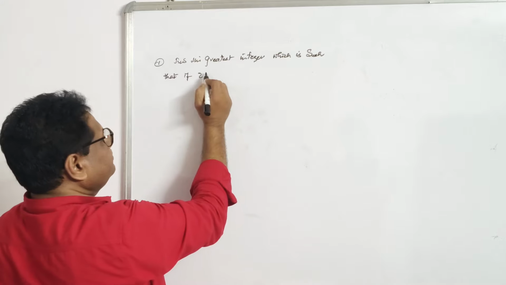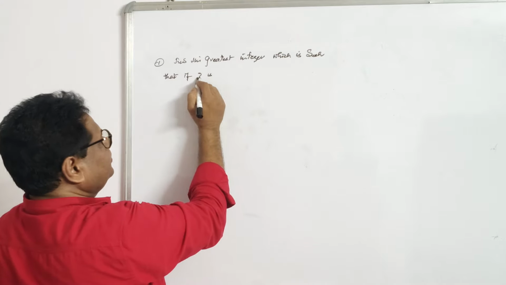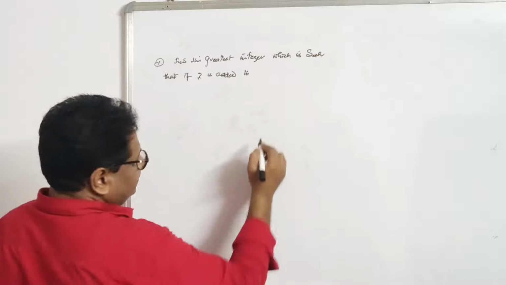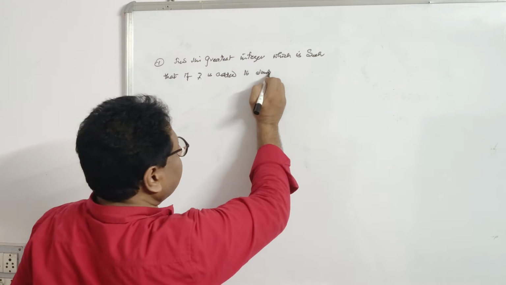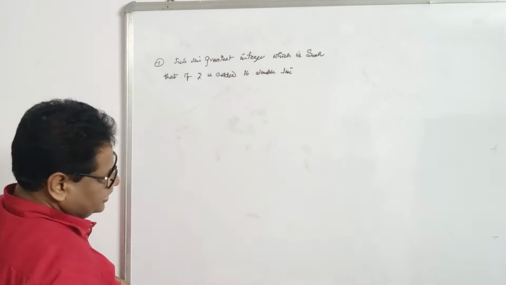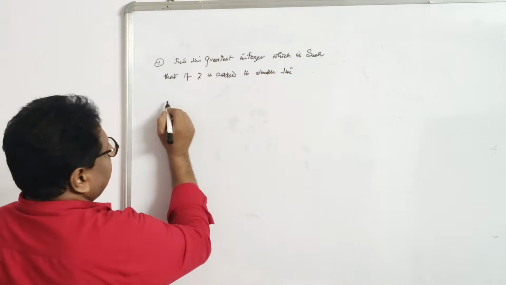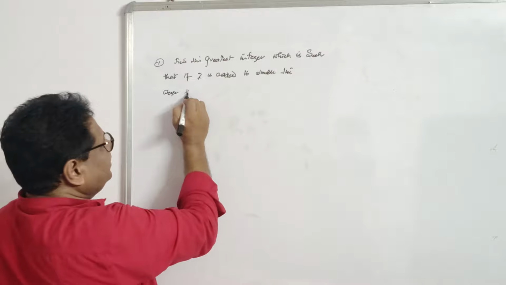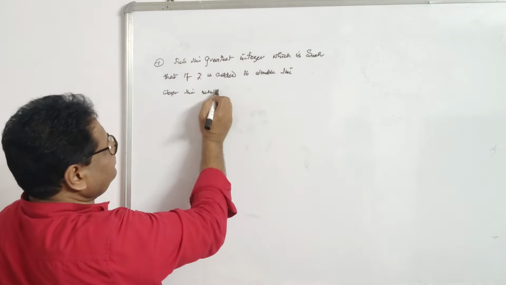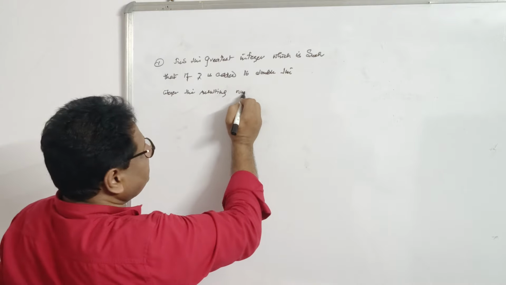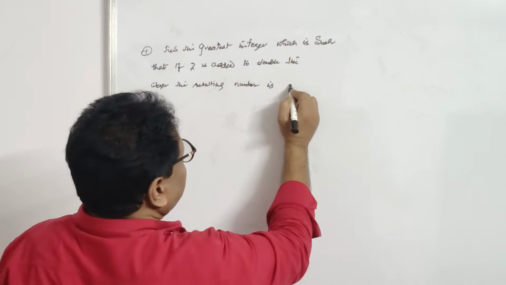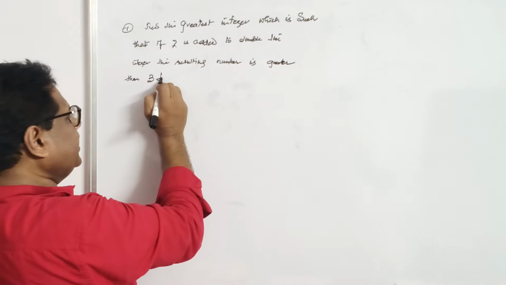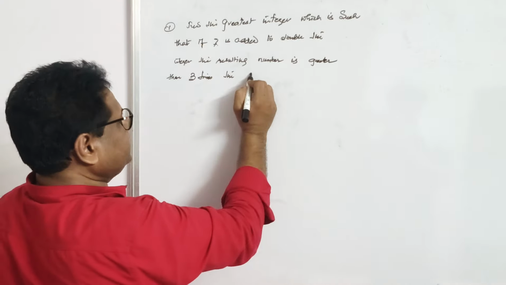if 7 is added to double the integer, the resulting number is greater than 3 times the integer.